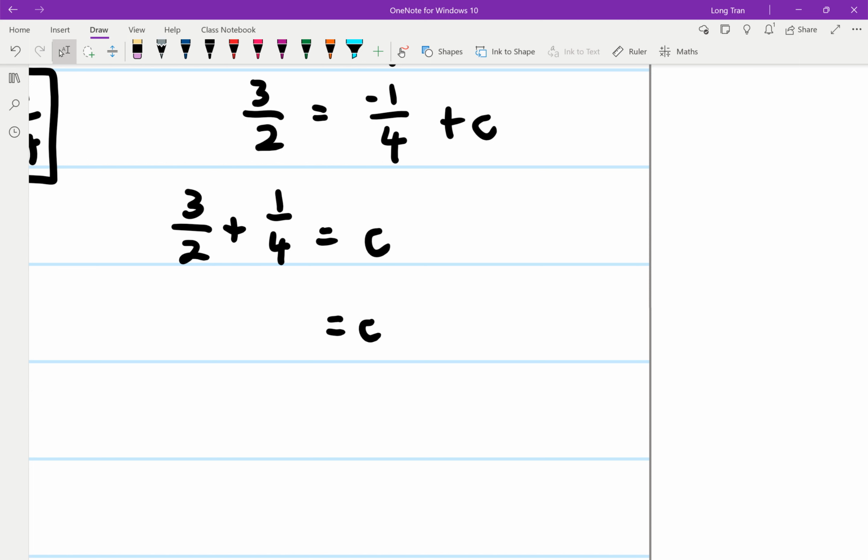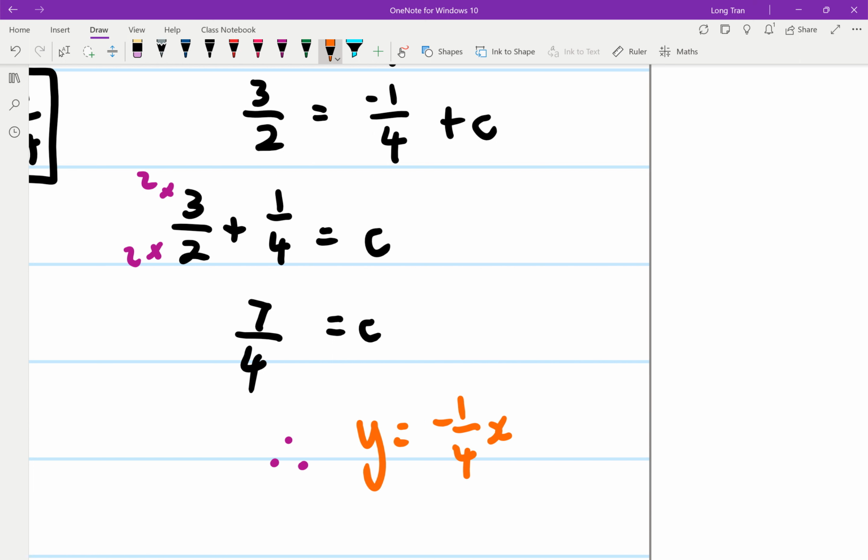Very good. There we go. You can times the bottom and top by 2, so you get 6 over 4 plus 1 over 4. It just gives you 7 on 4. So what's my equation for that orange line? It must then be negative a quarter x plus 7 on 4.